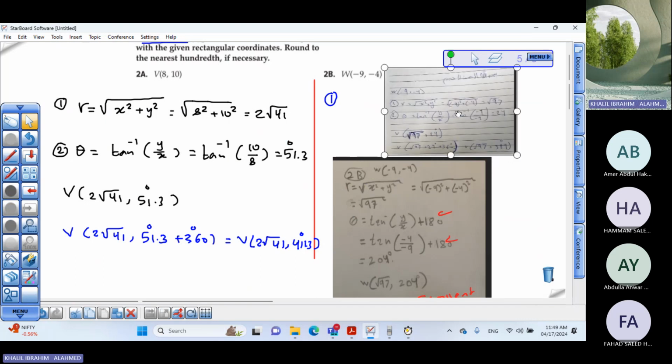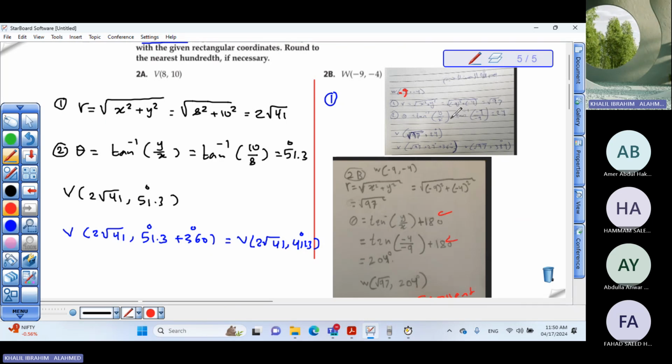Okay, Mr. Amr, what is the problem here? Who knows what the problem is? Here x is -9. You should add pi. You must add pi.